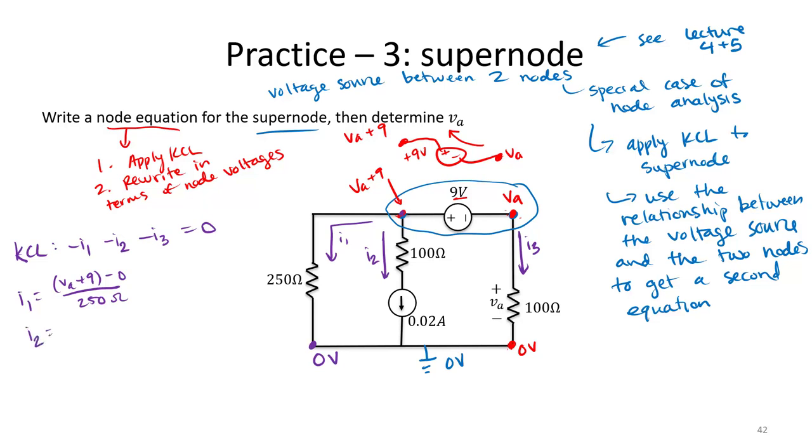My current I2 is given by that ideal current source, so I2 has to be 0.02 amps because that current is flowing through that part of the circuit. Finally, for my current I3, I start at my voltage VA, flow through a 100 ohm resistor, and end at 0 volts. So my current must be VA minus 0 divided by 100.